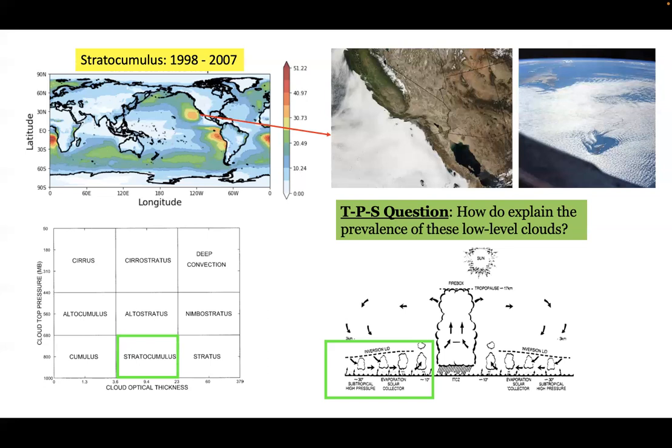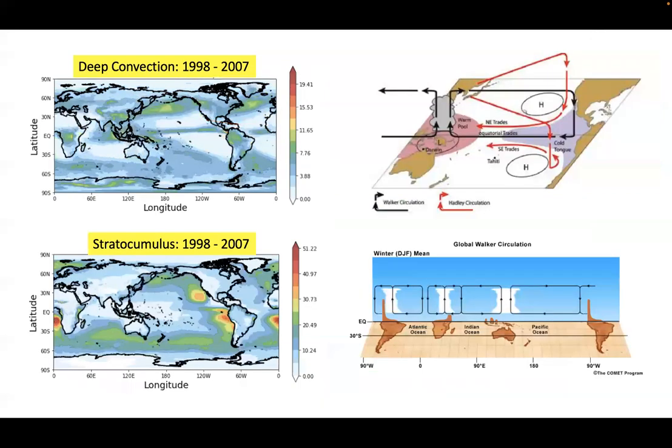The cartoon I'm showing here is a classic cartoon that shows the rising branch and the sinking branch of the Hadley cell. The sinking branch will have some clouds, but those clouds will be kept by the sinking air. There's an inversion. And actually there are two sinking motions; it's more than just this. We just talked about the Hadley circulation going north and south, centered along the equator, but from east to west, there's another circulation.